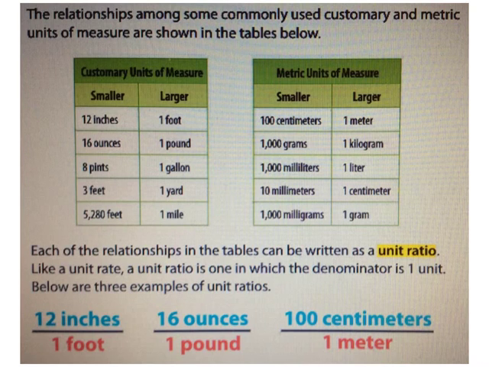Below are 3 examples of unit ratios: 12 inches to 1 foot, 16 ounces to 1 pound, 100 centimeters to 1 meter. Additional customary and metric conversions can be found on your STAR math chart.